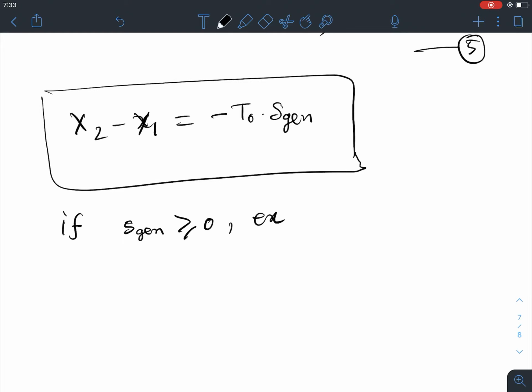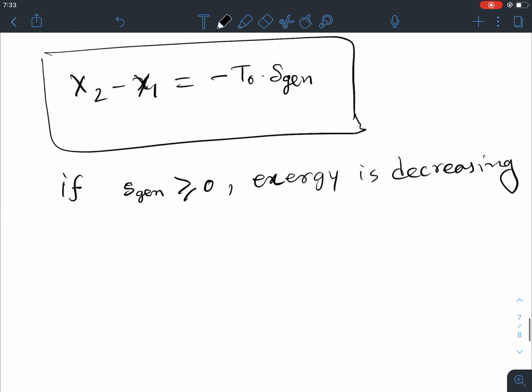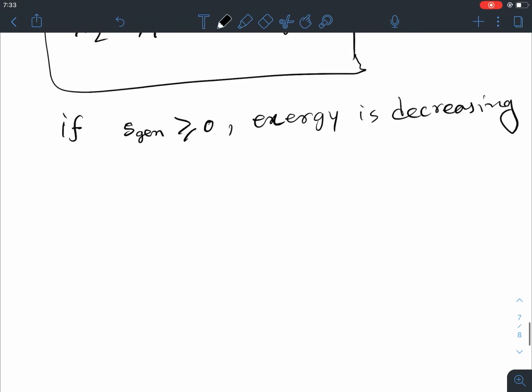A negative number going up means that the exergy is being destroyed, or exergy is decreasing. And if the entropy generation is 0, for a reversible process, then the exergy change also becomes 0. That means we can write this statement, right?